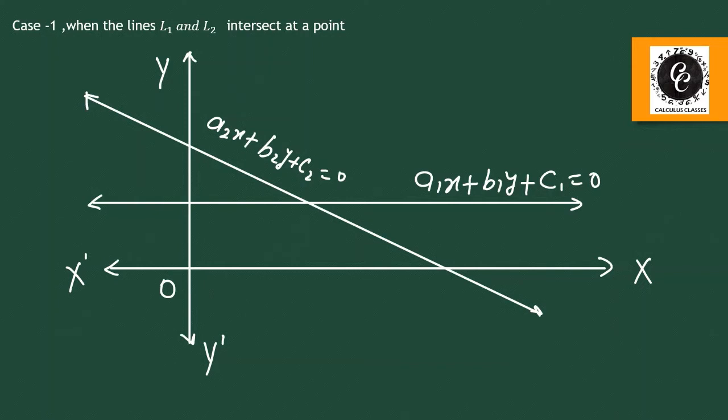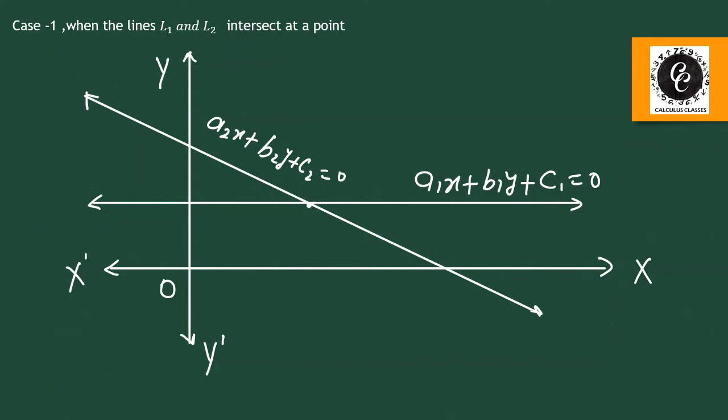These two lines are known as intersecting lines. What we observe here is that these lines intersect at one place. It means there will be only one common value of x and y that will satisfy these two equations.